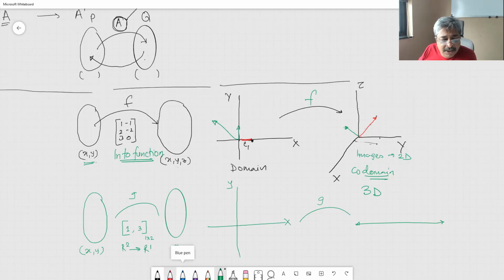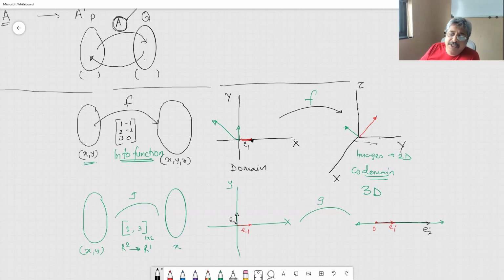So what is this matrix G saying? Your I goes to 1. This is 0, I goes to 1. This is your E1 dash. This is your E1. And what does the second number say? J, which is E2, goes to E2 dash. Okay.